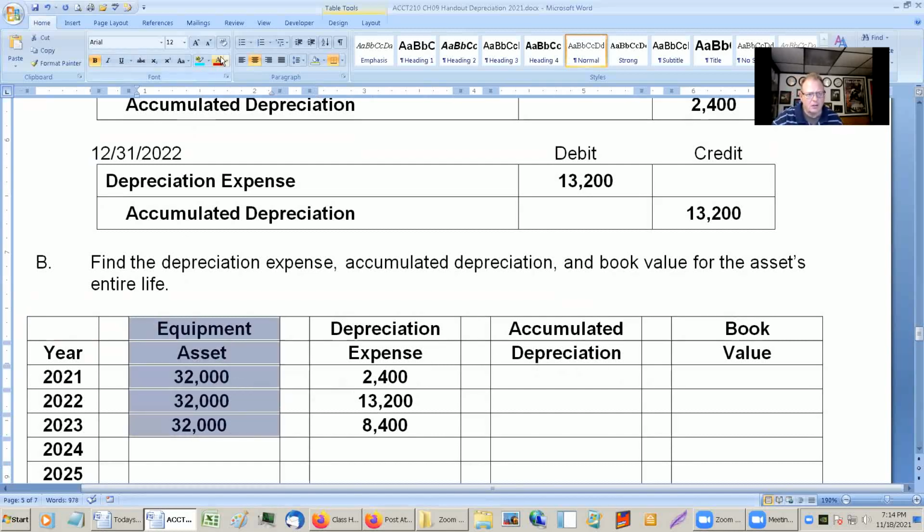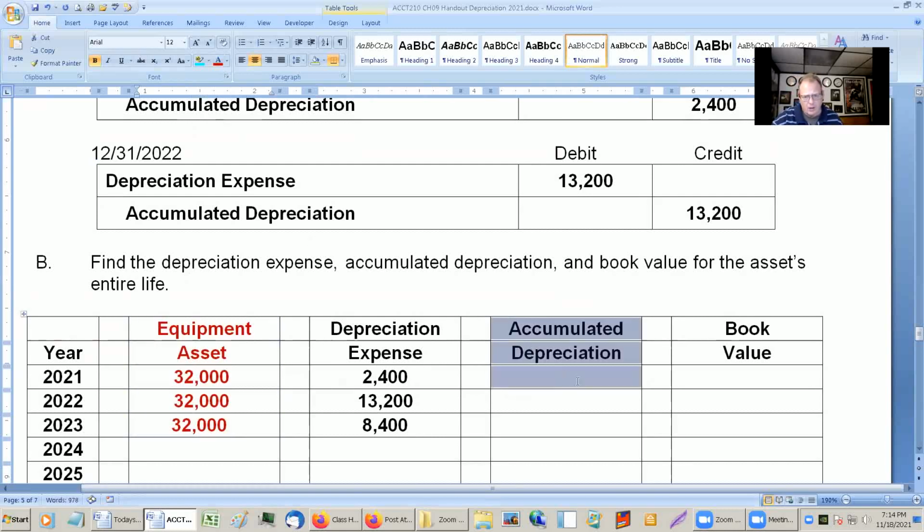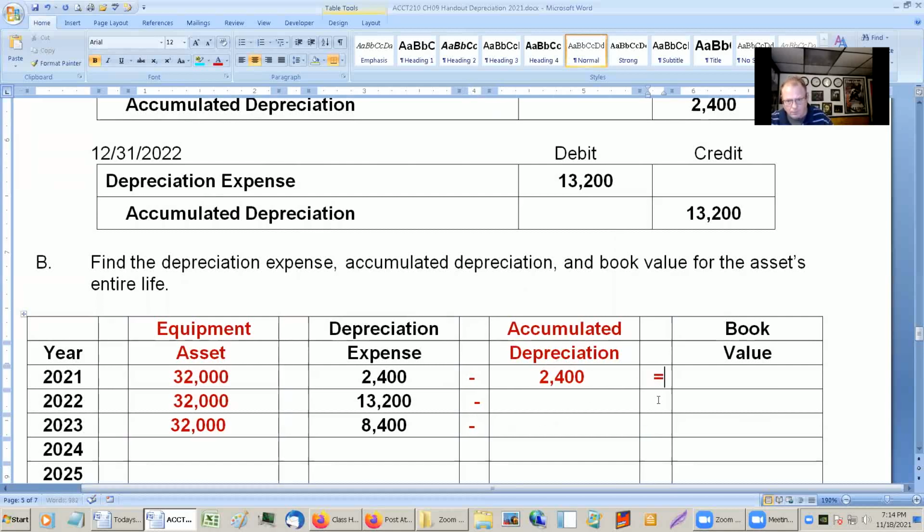So these are equipment. Accumulated depreciation. First year would be 2,400. So first year about 29,600. You want to check these numbers.